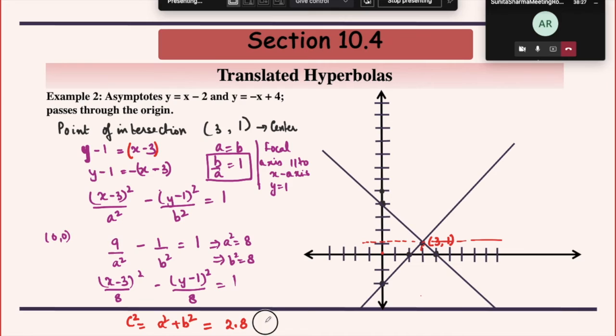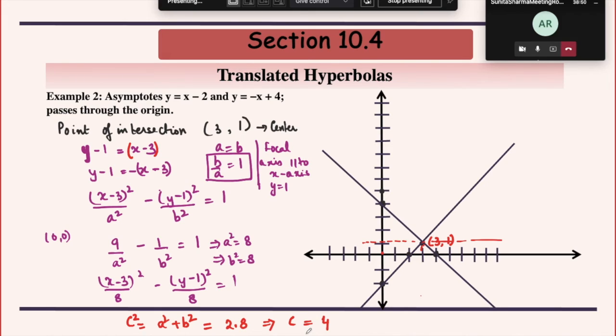And so you can say c is equal to, isn't it 4? Yes, okay. So that comes out to be 4.